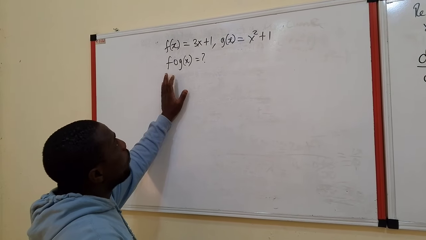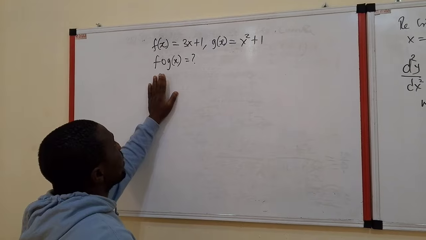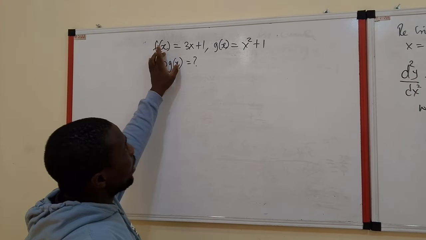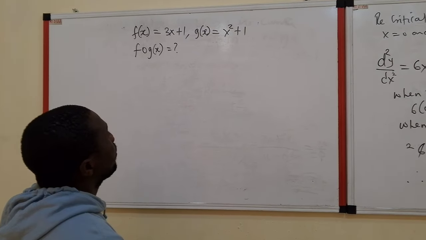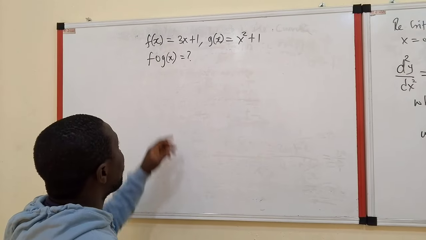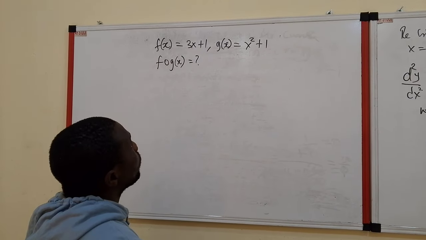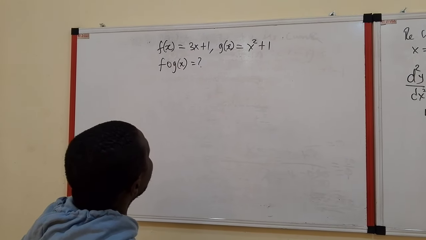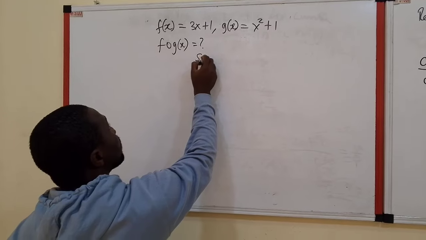Now we have this. Given that f of x is 3x plus 1, g of x is x squared plus 1, and we are asked to find f o g of x. What do we do? Very simple. Solution.